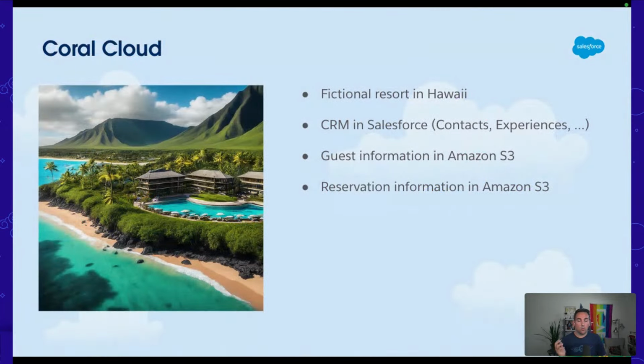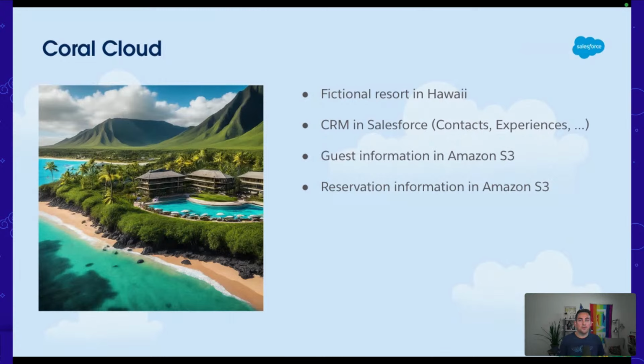Now, we're going to be focusing on Coral Cloud Resorts. They're a fictional resort that we've created in Hawaii. Like most companies who are using CRM, they're storing things like contacts, accounts, and cases inside of Salesforce. We also have a couple of custom objects that we're tracking around their experiences when they visit the resort, like snorkeling, scuba diving, and beach trips.